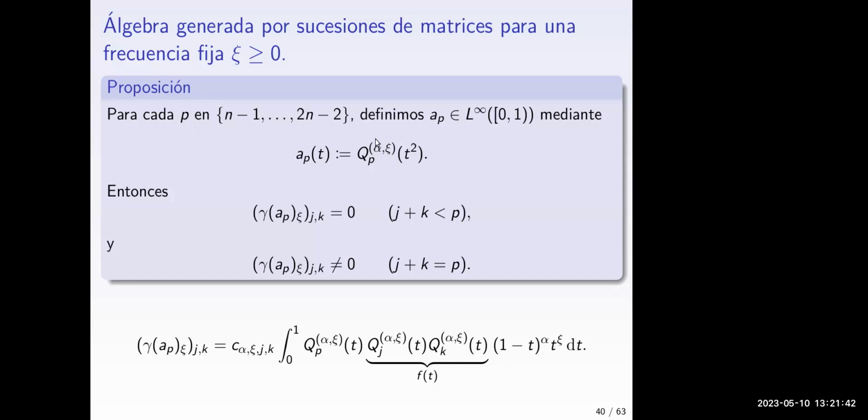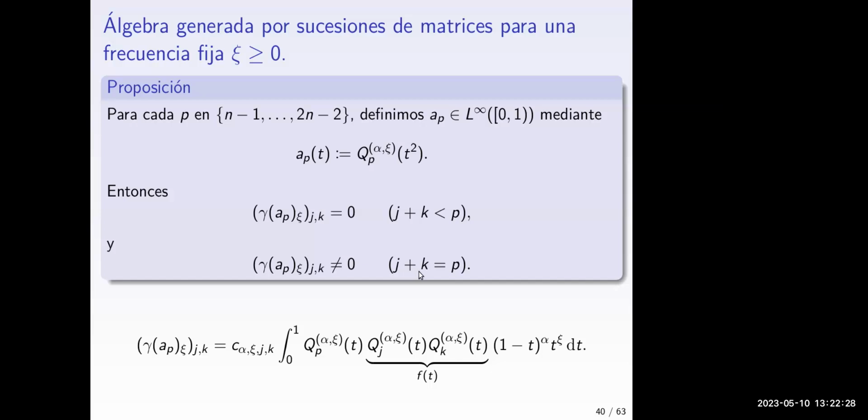We just consider this radial function as the Jacobi polynomial of degree p, and by the orthogonality, we have that the sum of the anti-diagonal entries is 0 if it is less than p.